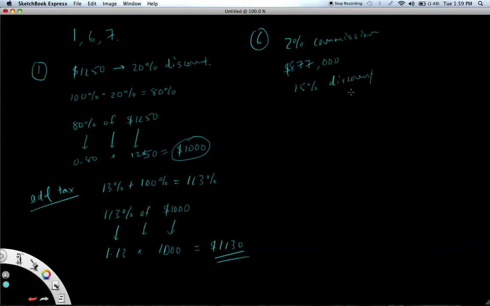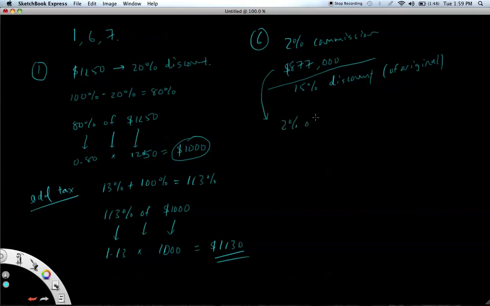So there's 2% commission, there's the original price, and then there's a 15% discount. Let's just put this of original. So let's try and factor this in. Let's say actually, first part, let's assume there's no discount yet. So let's go down here and just find out what his commission is.